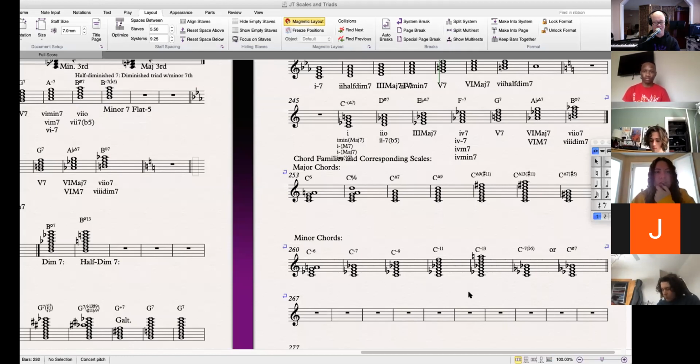It depends on the context. This can be a minor 1 chord, it can be a minor 2 chord, it can be a minor 3 chord, it can be a minor 4 chord, it can be a minor 6 chord. It depends on the context in the music.